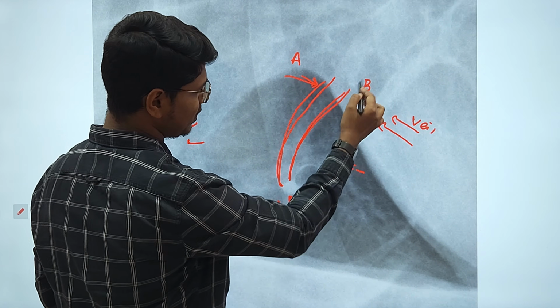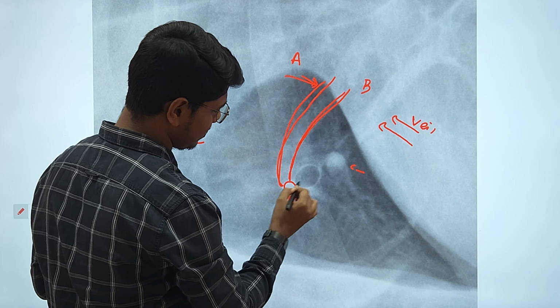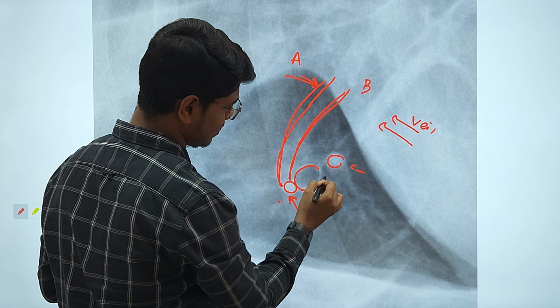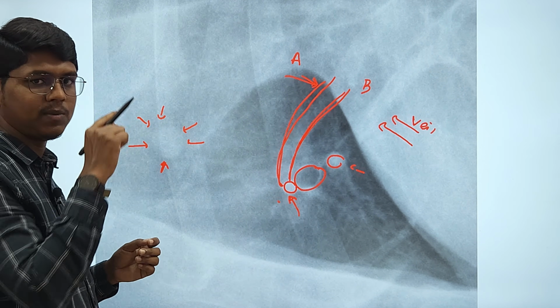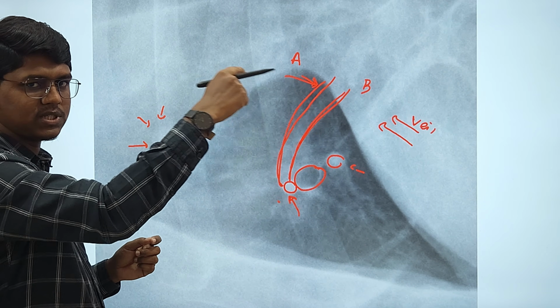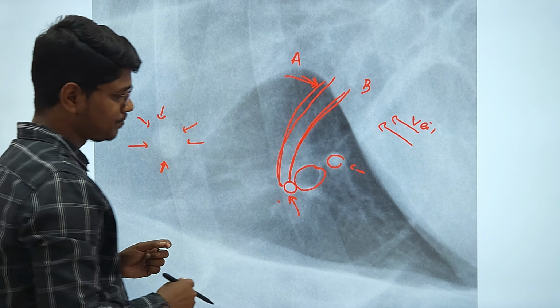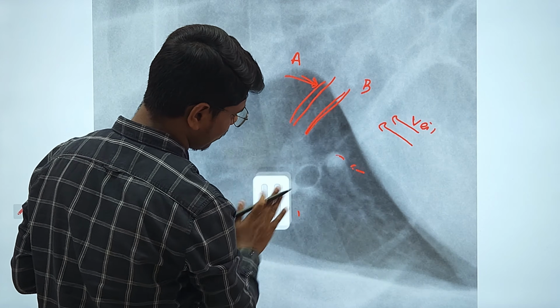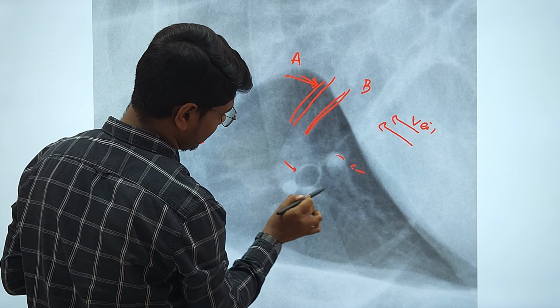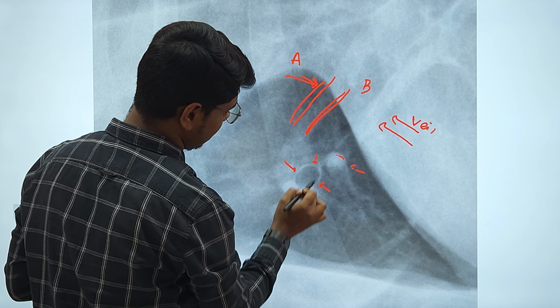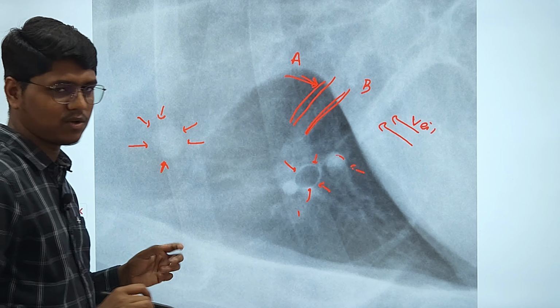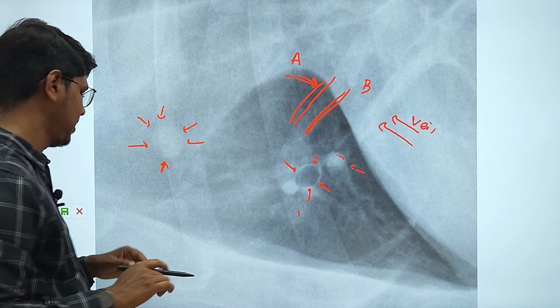Now I told you in between is the bronchus. You can see that here is a nodule, here is the bronchus. The arrangement usually will be artery, then the bronchus, then the vein. Here if you see the bronchus, it is a very thin wall, which is normal. It's not a ring shadow.